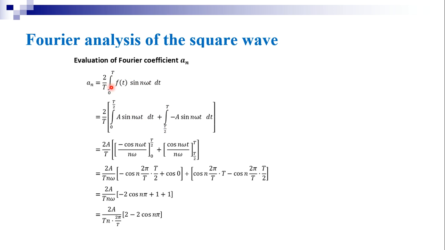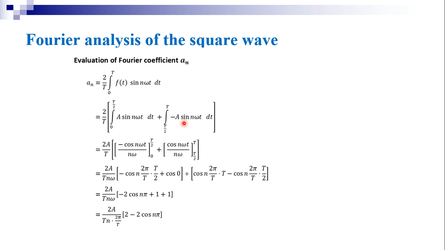For f of t, we can put A for the time period 0 to T by 2, and minus A for the time period T by 2 to T. We will arrive at 2A by T into integration of sin n omega t, which will be minus cos n omega t by n omega, and we apply the limits 0 and T by 2.